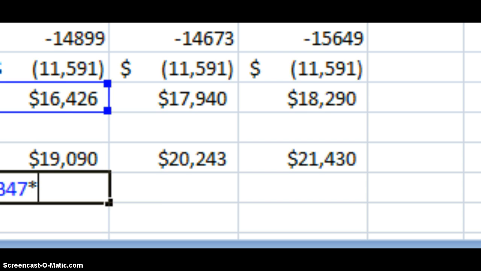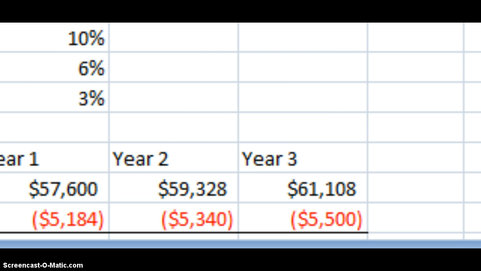So we're gonna do our taxable income multiplied by our tax rate right there, and we're gonna F4 that. So this is our taxes, and so I'm going to pull this across.